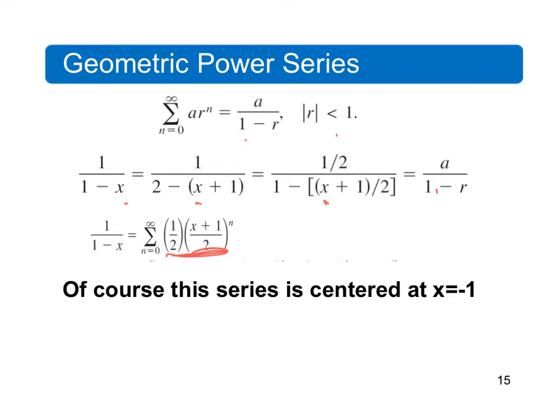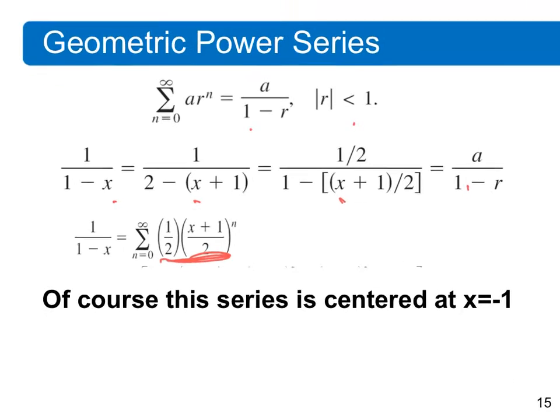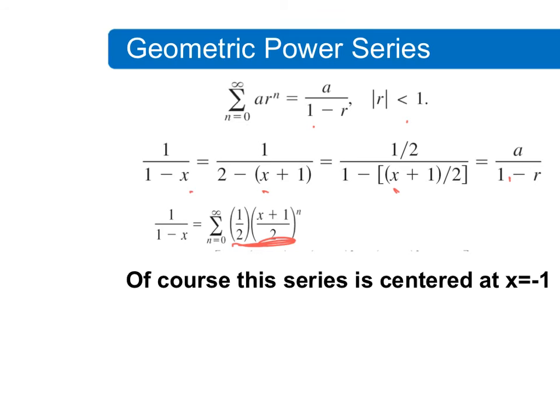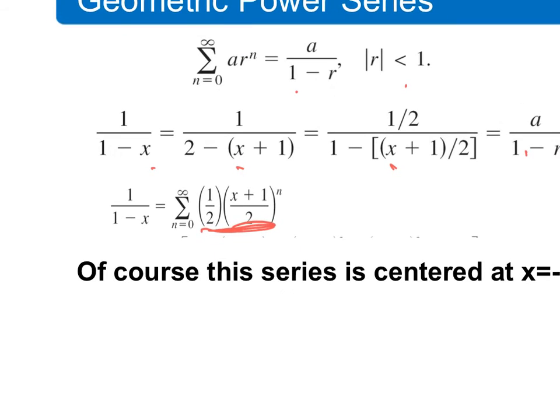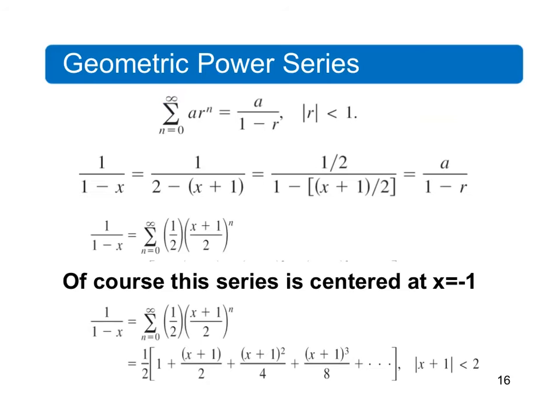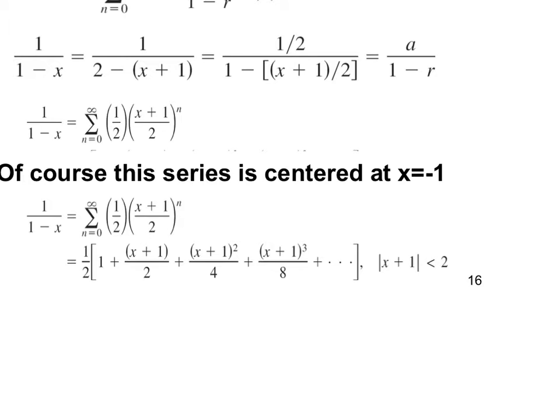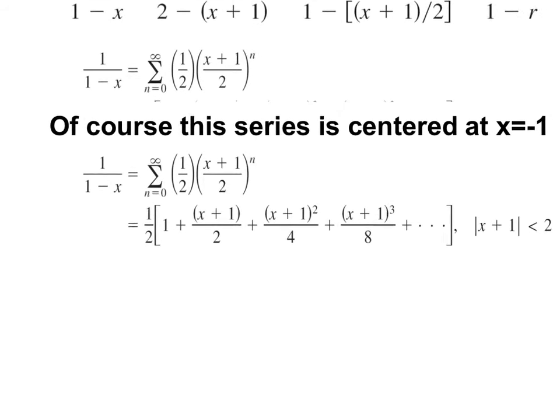If you think about it, the 1/2. Oh, I lost my 1/2. That's where I went wrong. Let me back up. Did I? I don't know if I even wrote them out. Oh, I see what he did.